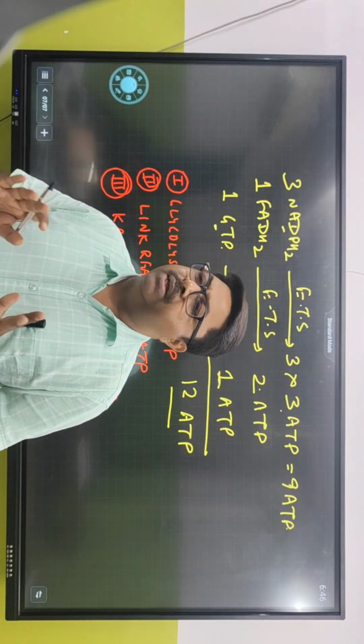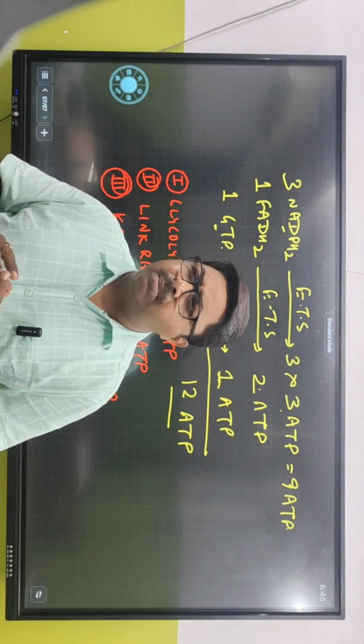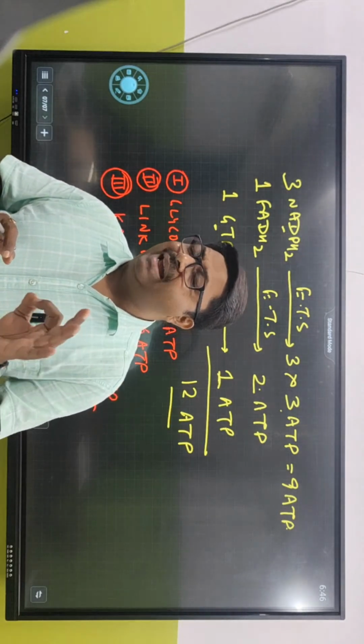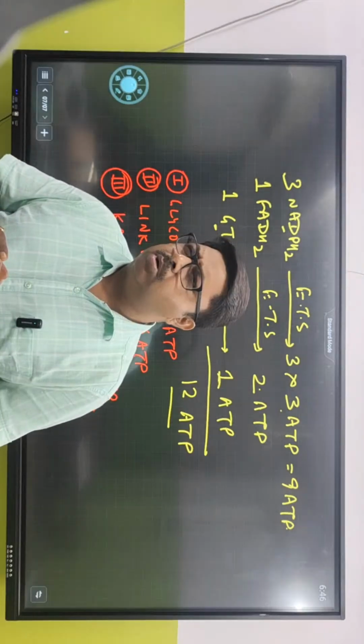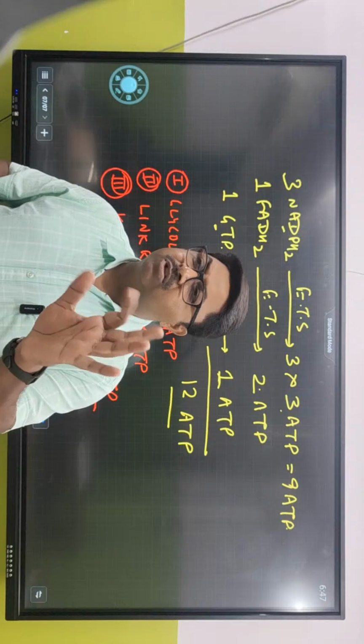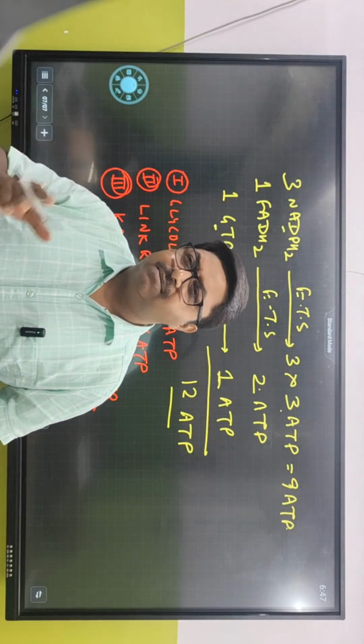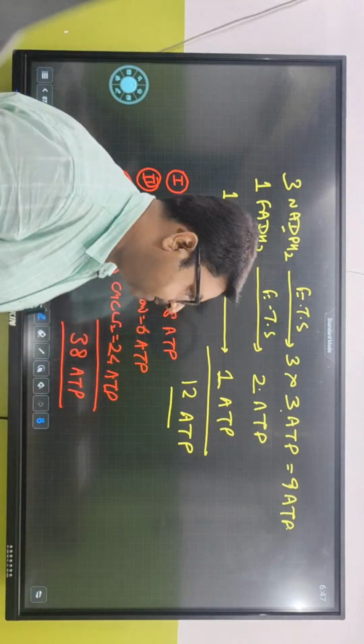Are you clear? I'm giving you 2 minutes, a lot of time, to find out how many ATP is produced during the complete oxidation of glucose by substrate level phosphorylation. Question clear?